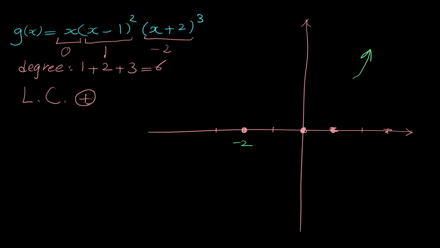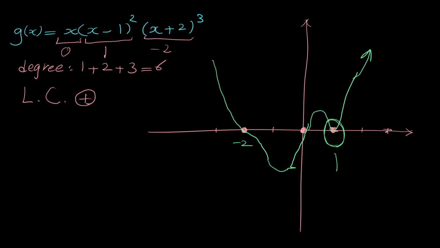We should not cross as usual. So the graph would be something like this. We go toward negative 2. Then, what about 0? 0 is a simple root. So we know that we have to go toward 0 as usual. Then, about 1, we need a bounce, something like this.